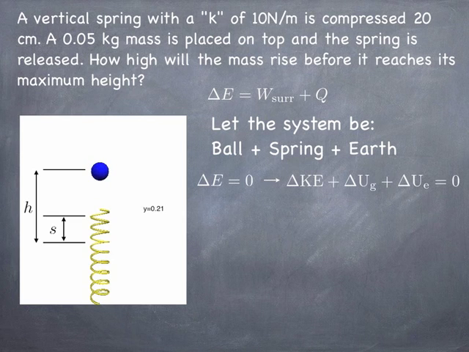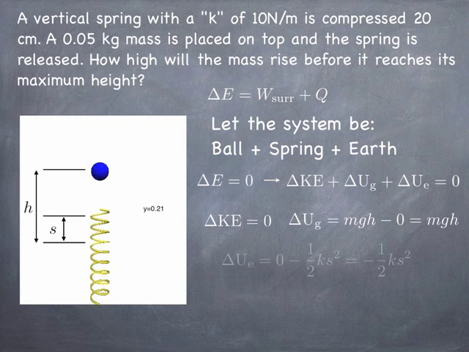Now at the beginning the ball's at rest, and at the end the ball's at rest, so the change in kinetic energy has got to be 0. The change in the relative gravitational potential energy is mgh, right?